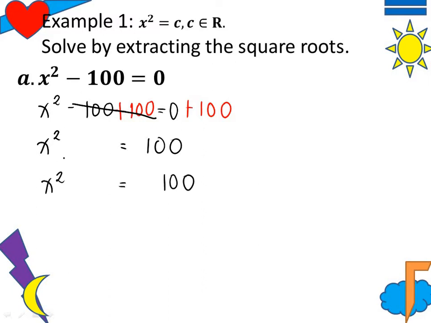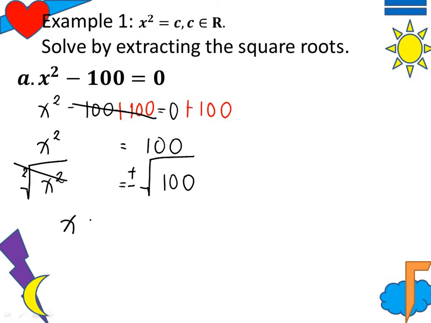Step number 2, apply square root property. So we have here square root of x squared. Since this is square root, automatic na index nito ay 2 pero hindi na sinusulat. So for now, write natin 2 divided by 2 is 1. It means lalabas ang x sa loob ng ating radical sign or square root symbol.